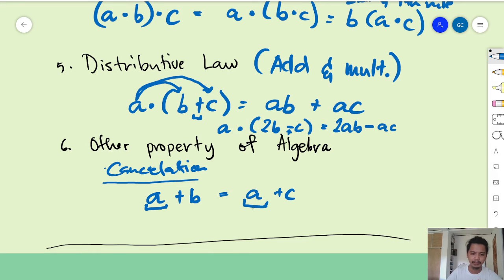So, this equation is just also equal to B is equal to C.